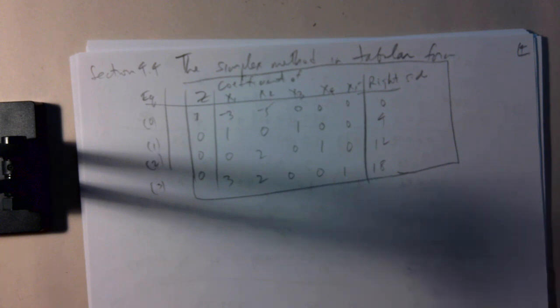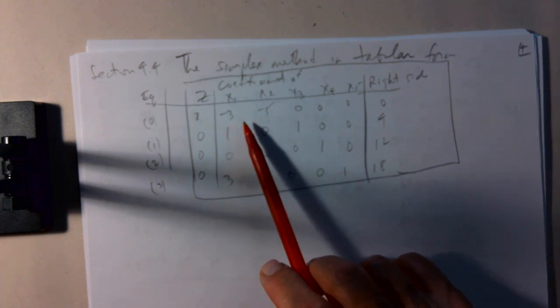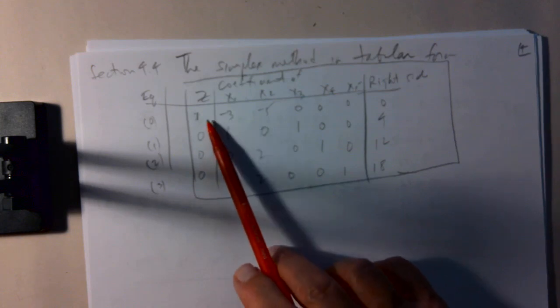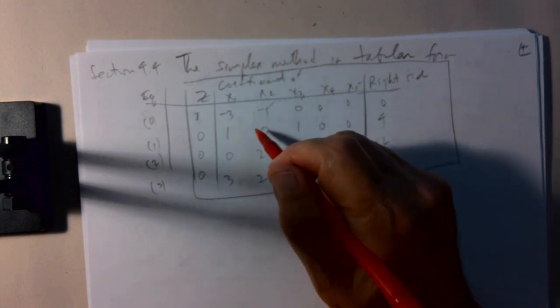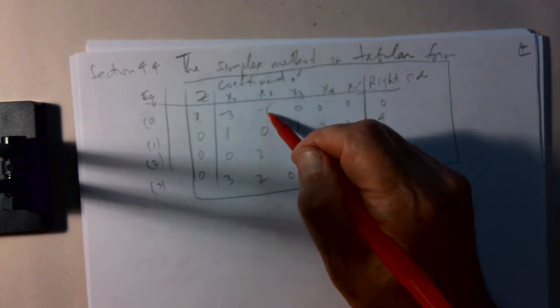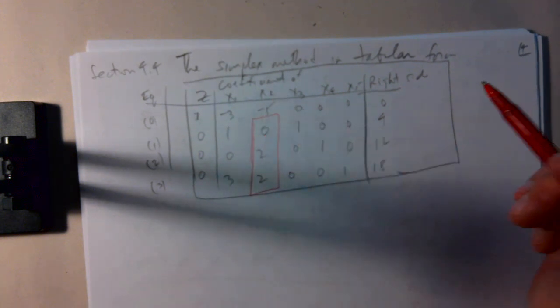As before, we want to decide which of our variables will give us the greatest increase in z if we increase the variable, and that's x2, because 5 is bigger than 3. So this is the column of coefficients for x2.